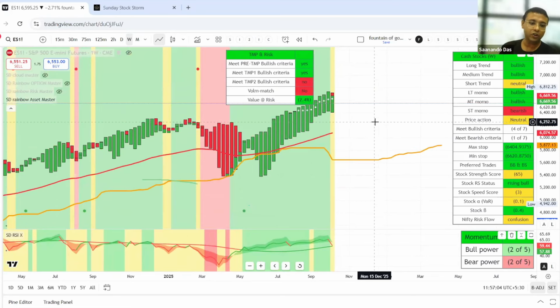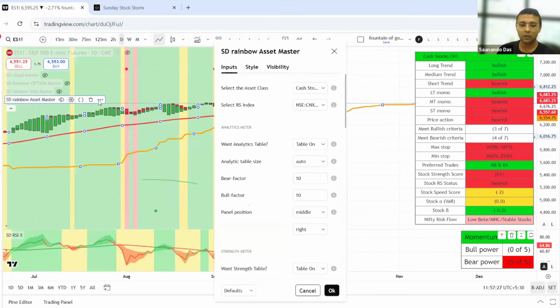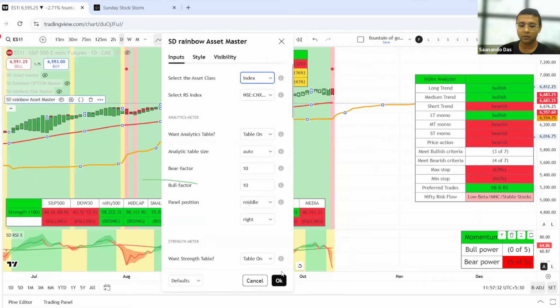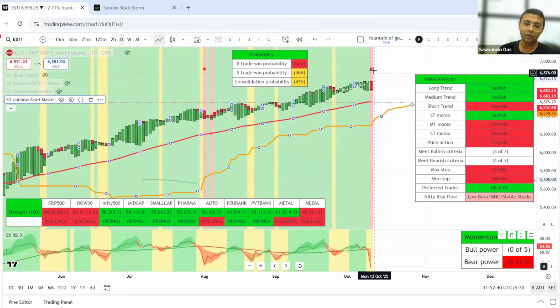The Trump tariff on China will create a lot of headwinds, but it does not ensure that our market will suffer equally, because when the US market was going up, the Indian market was range bound. So the US market, after a very, very long time, let me change it to the index setup, has given us a sell signal after quite a long time.